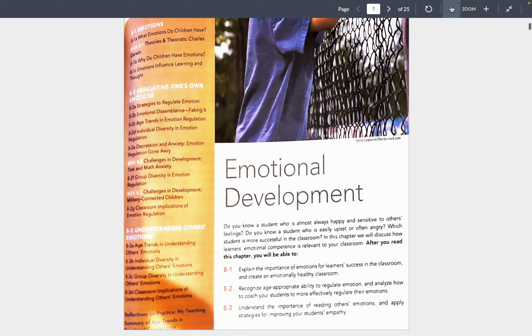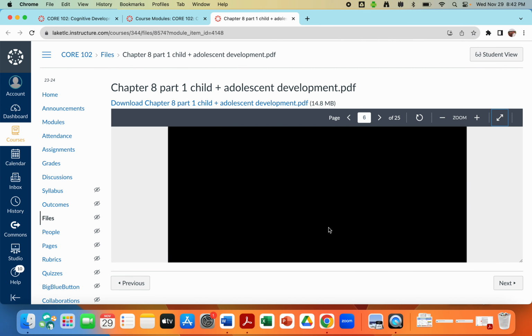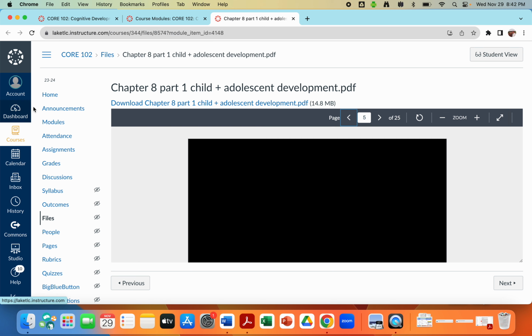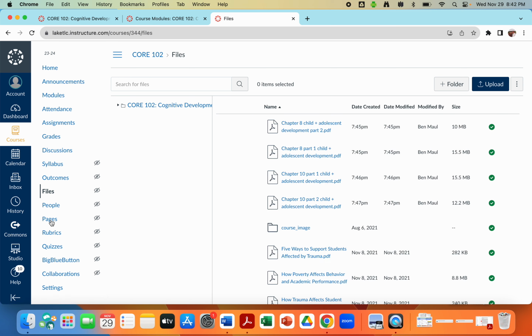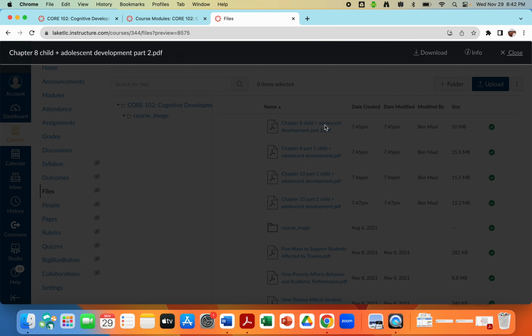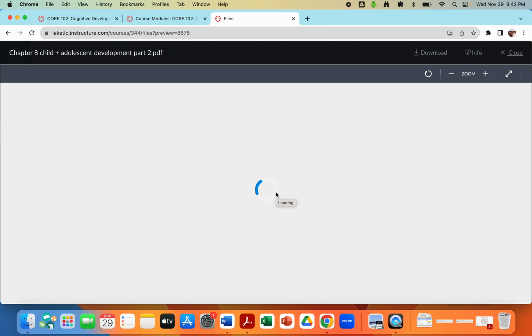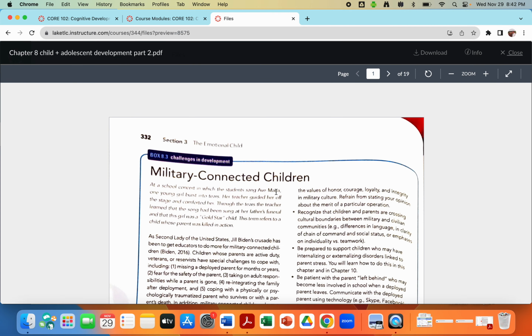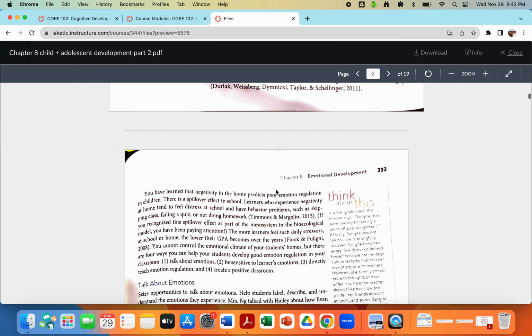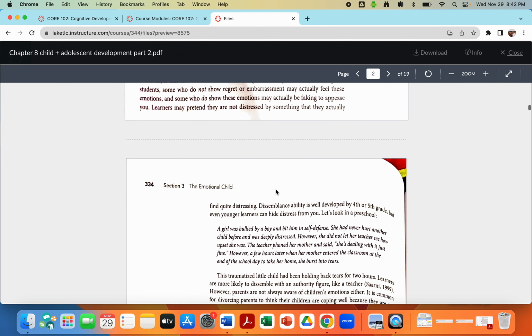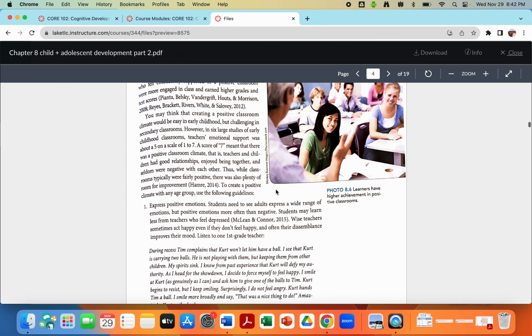Let's try that again. This is my rough draft, so please bear with me. There we go. You'll see the pages are a little wonky, but it's pretty legible, so people should be able to read that.